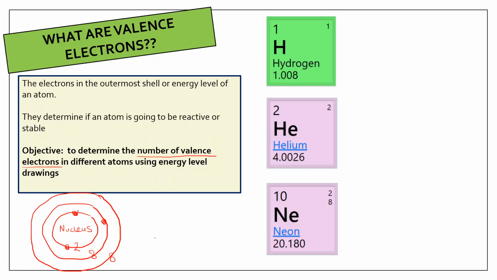And notice how this first energy level got filled with its maximum amount before we could move on to the next thing. So that's another important part to remember. The electrons have to go in order from inward out, and they have to have that first shell filled before they can move on to the second. And then this second shell would have to be full before it could go on to the third.